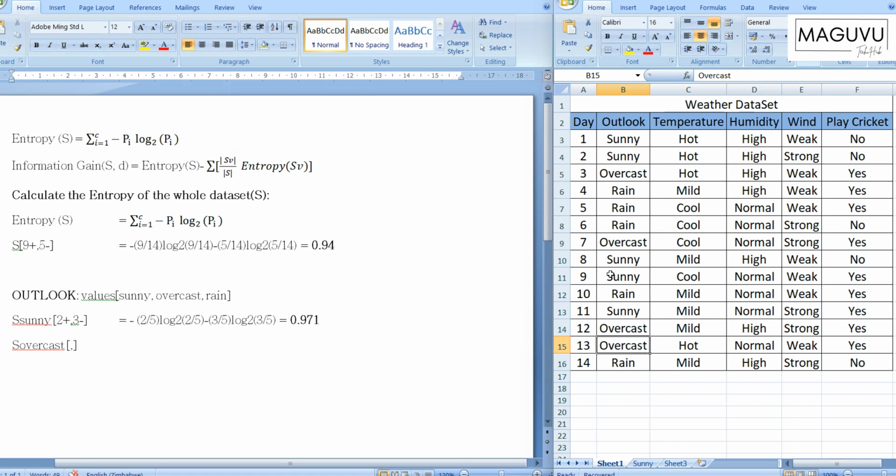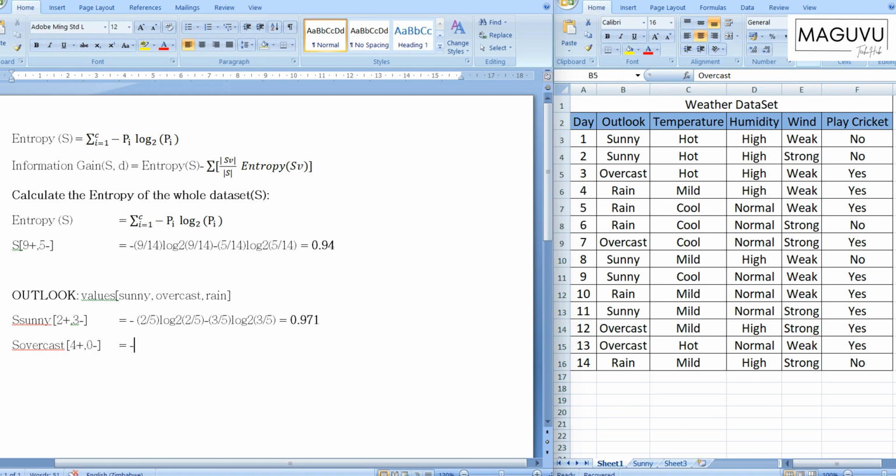And then we want to see what is the outcome of playing cricket when we have got overcast. We have got yes, and we have got yes and yes. So on the 4 days where we have an overcast, then cricket was played. So let's represent the proportion there by then saying 4 positive and 0 negative. So we continue with our formula to calculate.